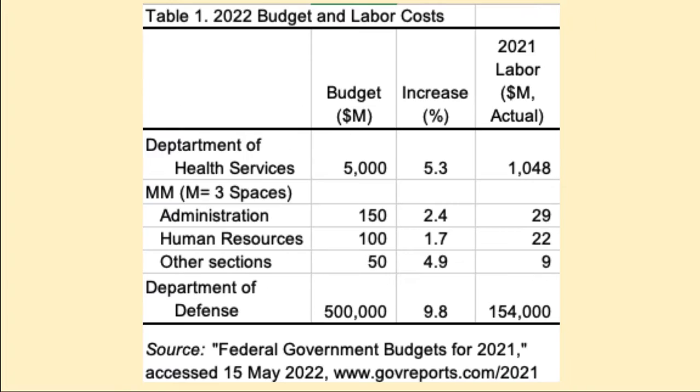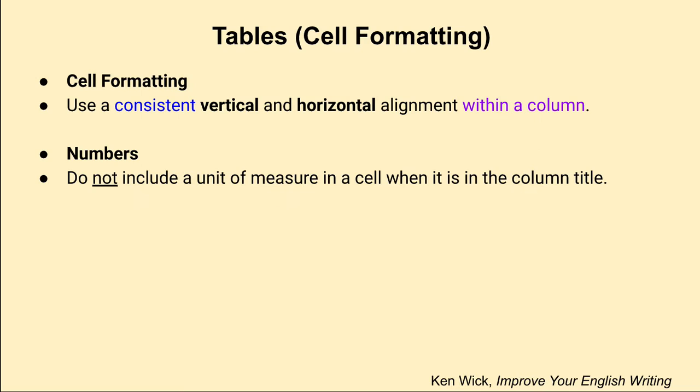Here's a unit of measure, millions of dollars. So you don't need to put a dollar symbol here, and you don't need to put percentages here, because it's already included in the column title. You don't need to include a unit of measure in the cell when it's already in the column title.